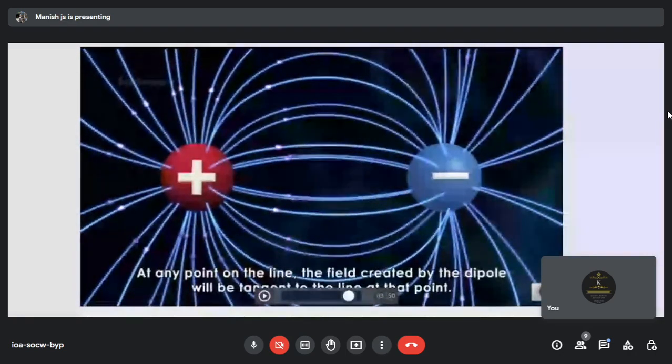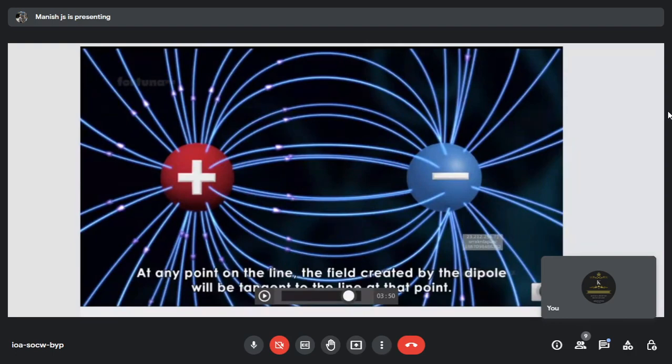Here we try to understand the electric lines of forces with respect to both positive and negative charges. When we brought two like charges, they would repel each other, and therefore the electric lines of forces diverged from each other. They never touched or intersected each other, isn't it? But when you brought two unlike charges, positive and negative, you can see the electric lines of forces are away from the positive charge, but they converge at the negative charge.